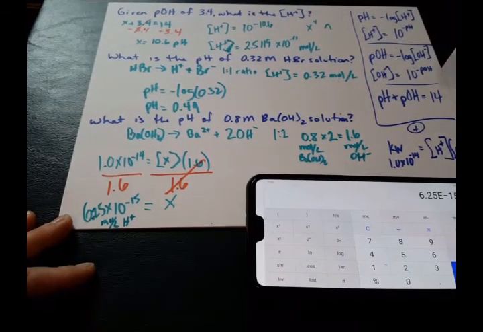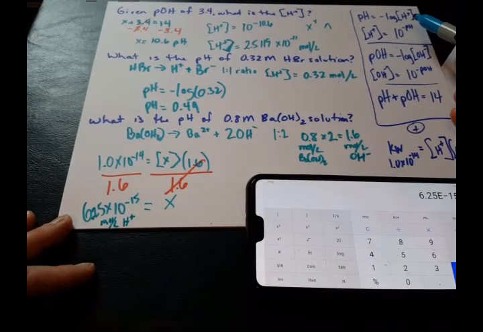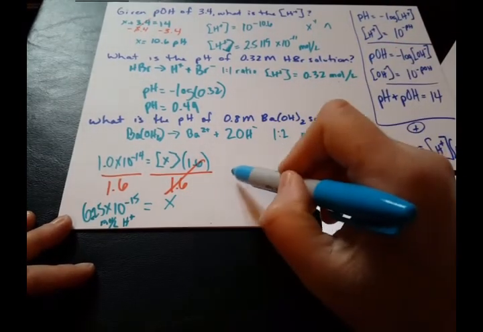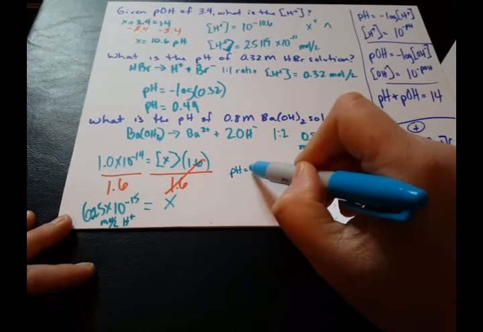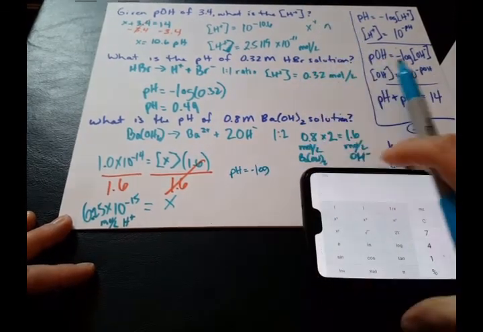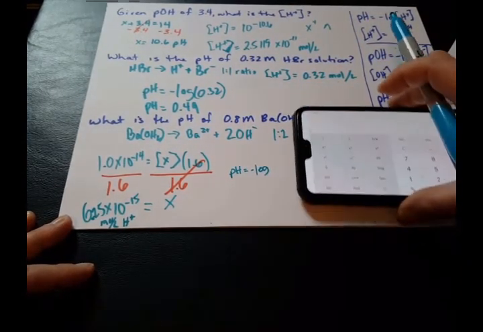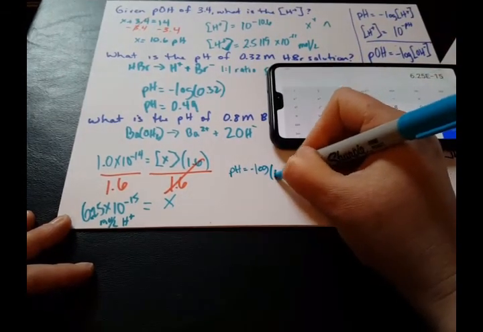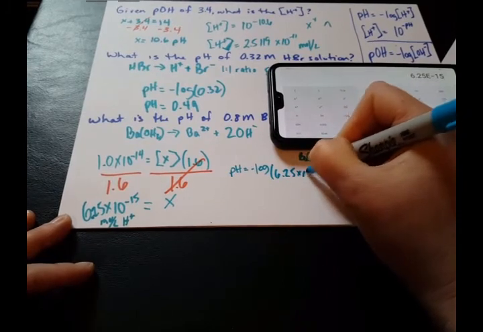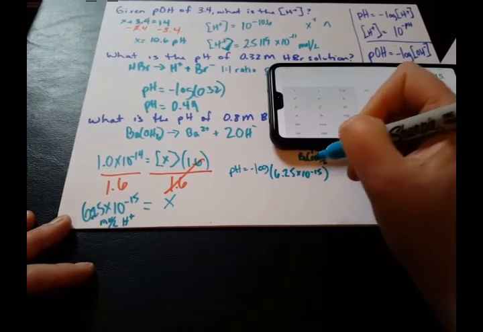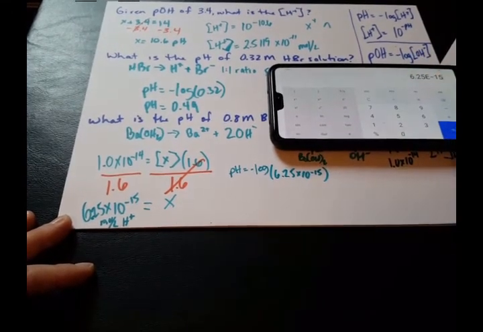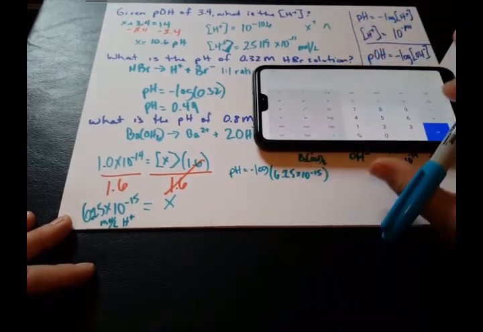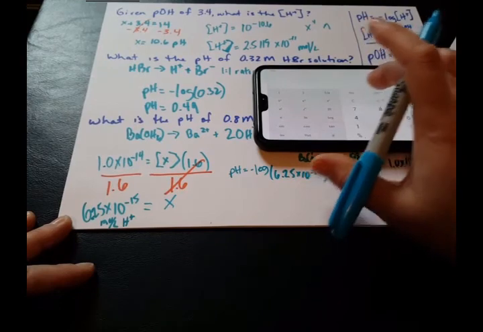This guy now is going to be placed inside of our pH formula. And again, it's a little bit of fancy footwork here on the calculator. Negative log.